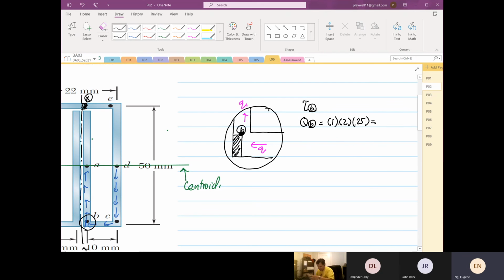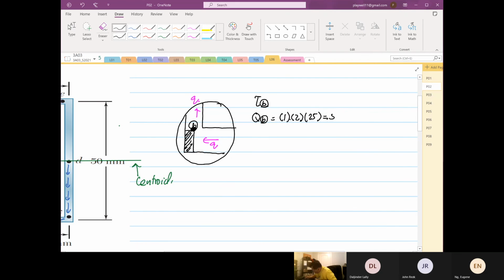So 1 times 2 times 25 is equal to 50 millimeter cube, or 50 times 10 to the power minus 9 meter cube. All right, so this is width, depth, Y bar.